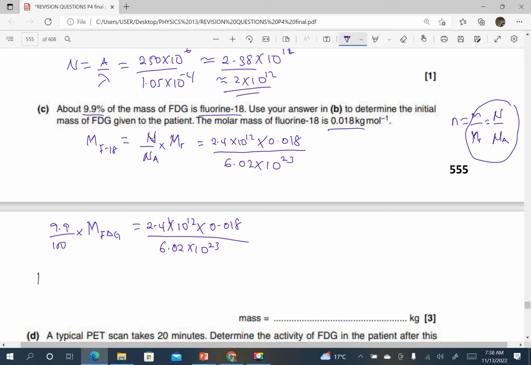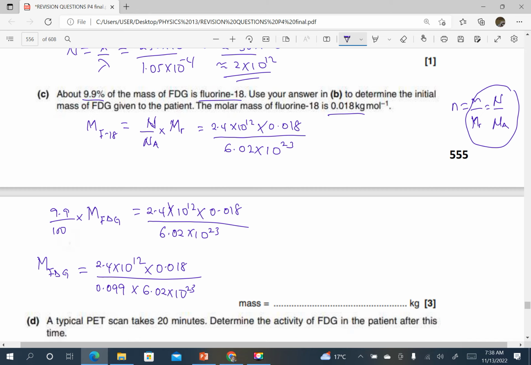So the mass of FDG is going to be 2.4 times 10 power 12 times 0.018 divided by, I'm dividing by 9.9 over 100, which is 0.099 times 6.02 times 10 power 23.